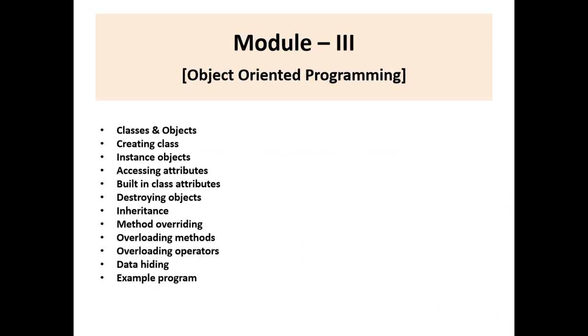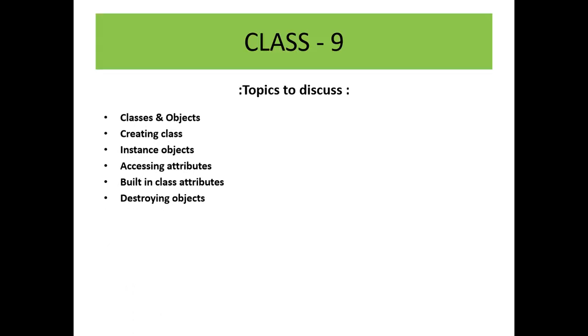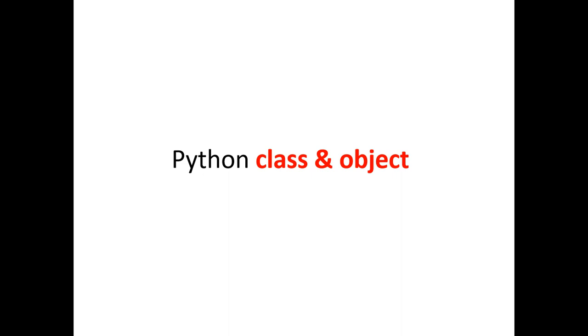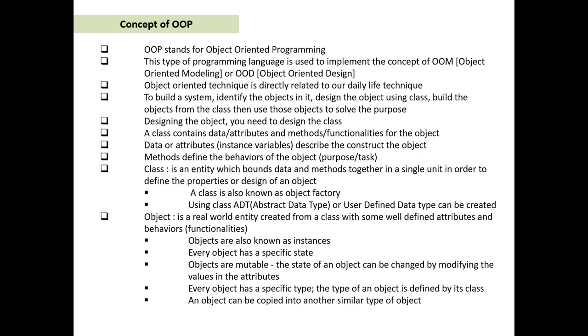So in this object oriented programming part of Python, we will discuss these things: classes, object, creating class, what are instance and instance objects. Okay, there are many things in object oriented technology. So we will discuss these selected topics in object oriented programming in Python class. So let's begin.